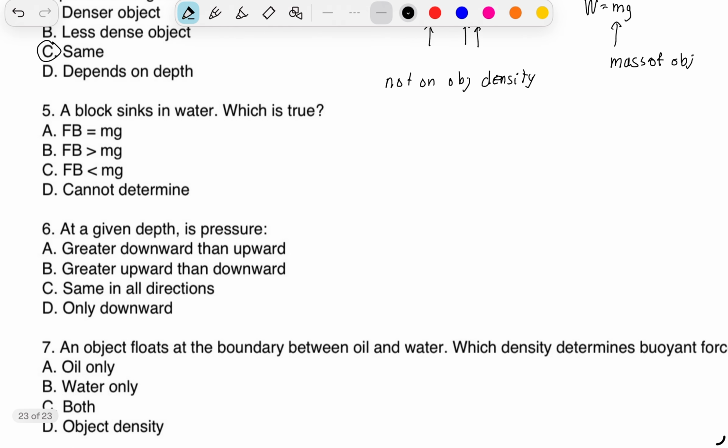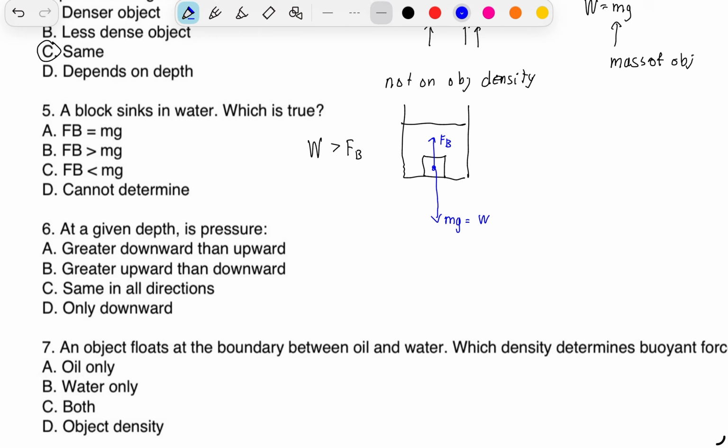A block sinks in the water. Which of the following is true? If it sinks, that means your weight has to overcome your buoyant force. Let's say you have this block in a cup of water, and it sinks to the bottom. On your block, you're going to have an FBD where your buoyant force is acting up and your weight force is acting down.